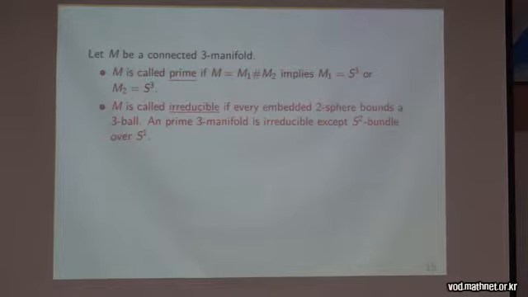And we call it irreducible if every embedded 2-sphere bounds a 3-ball. A prime 3-manifold is irreducible except the S^2 bundle over S^1.